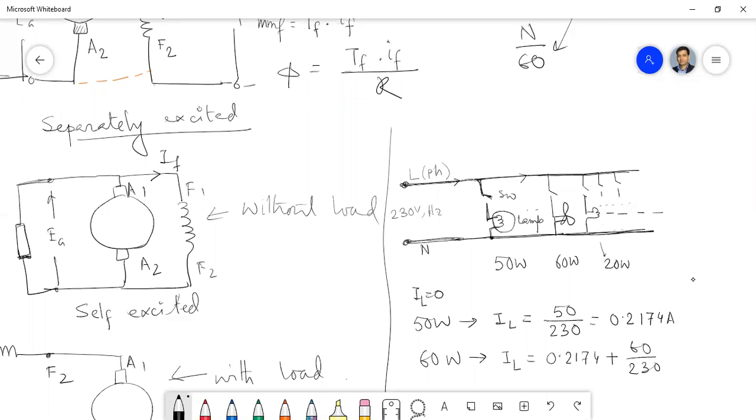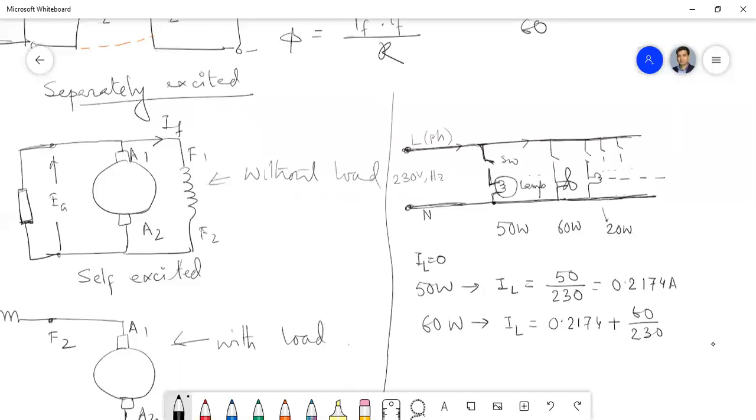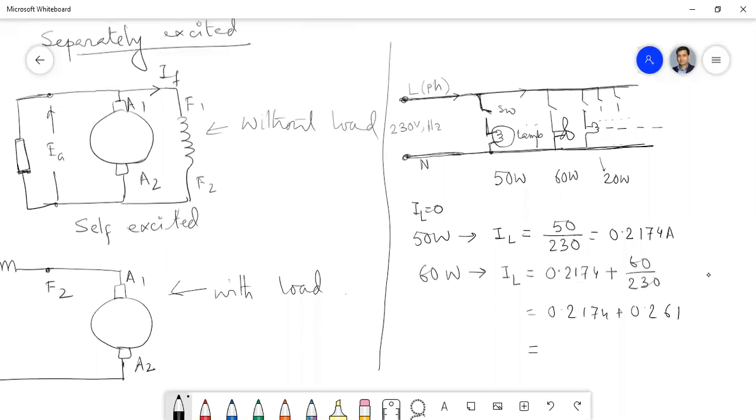So how much is it? 0.261. So 0.2174 plus 0.261. Still it is less than 5 ampere or even 1 ampere.